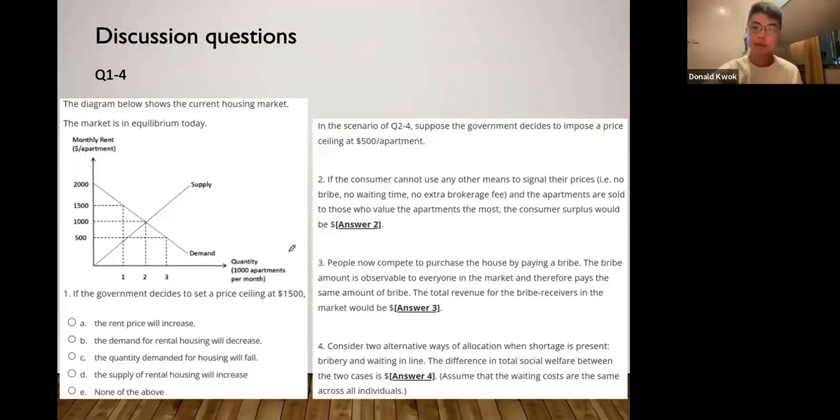Okay, so hope you have some initial ideas for this problem. And let me start with question 1. If the government decides to set a price ceiling at $1,500, what happens in the market?